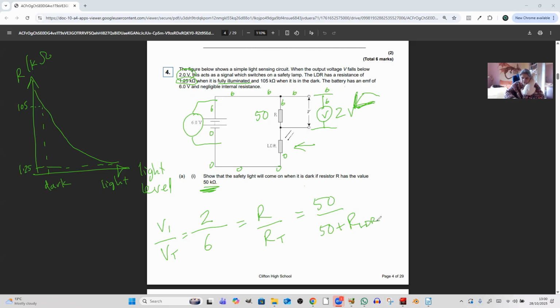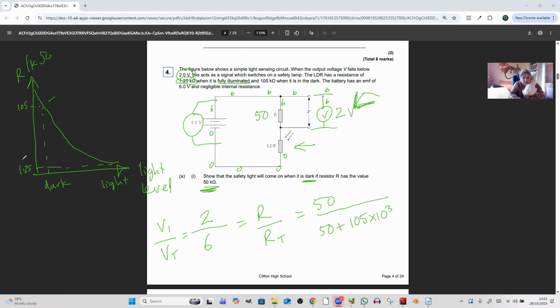Okay. So hang on, right, if it's dark, the LDR resistance is 105. So I can replace this one with 105 kilo ohms, 105 times 10 to the 3.